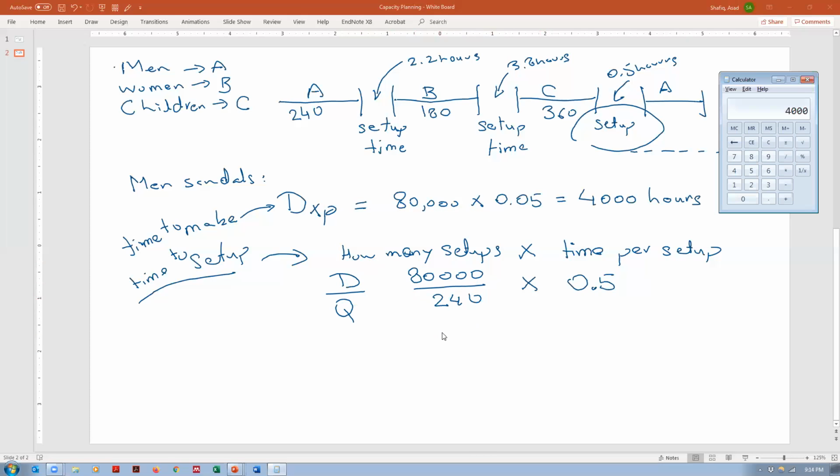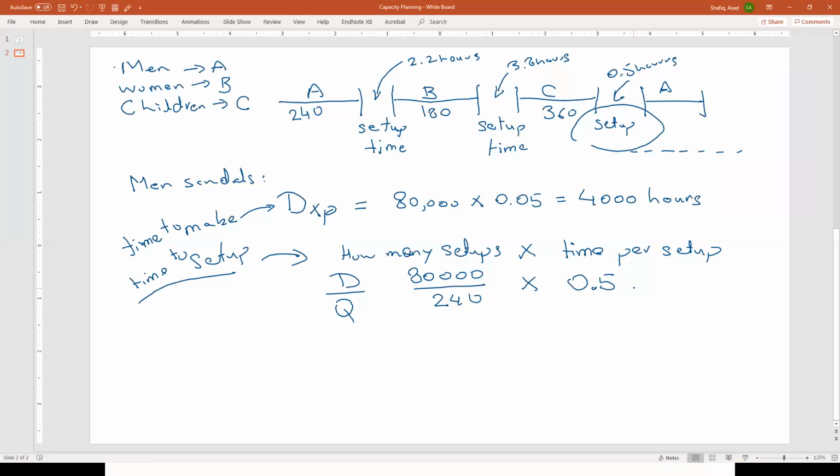So again, I'll go to the calculator. I'm going to clear it. We have 80,000 times 0.5, which is basically 40,000, divided by 240, which is 166.67 hours.